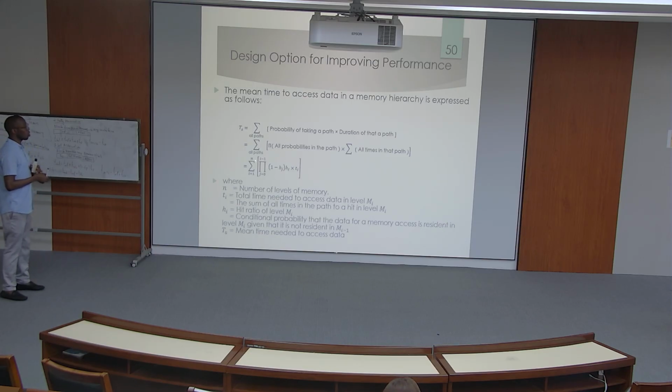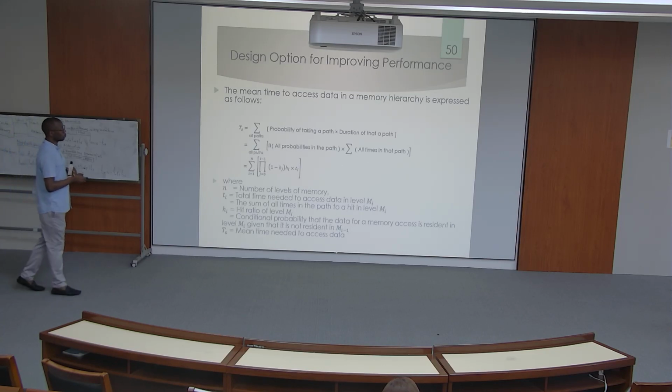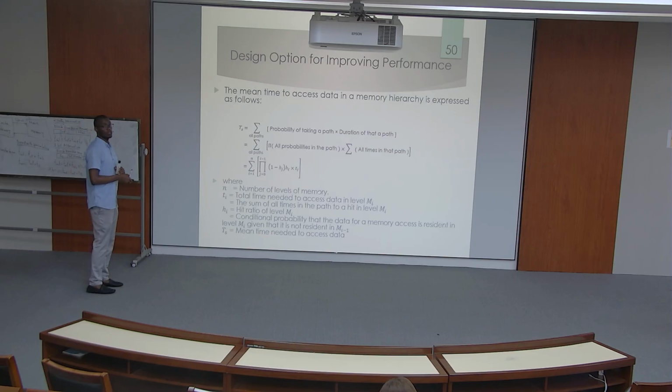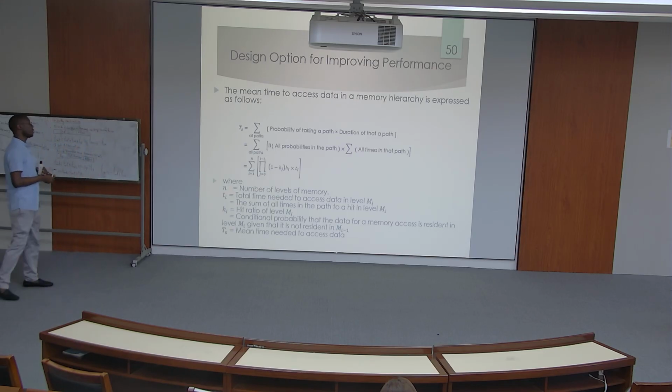It is equal to the summation from i equals 1 to n of the probability times Ti, where n is the number of levels in the memory hierarchy, and Ti is the total time needed by the system to access the data in level Mi.